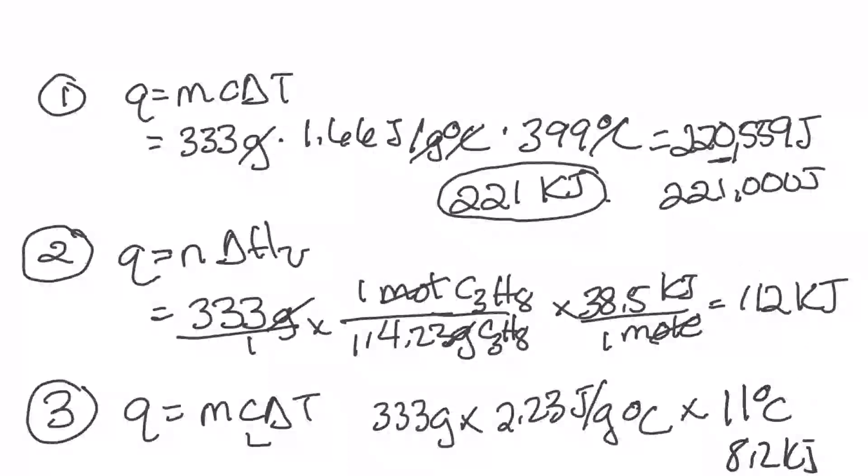And remember, when we add things together, we don't count sig figs, we look at the place. So this went to the ones place, this went to the ones place, this goes to the tenths place. And the other thing I have to make sure is that I'm in the same units: kilojoules plus kilojoules plus kilojoules. If one of these was joules and the rest was kilojoules, you would have to convert something to make sure they were all the same.